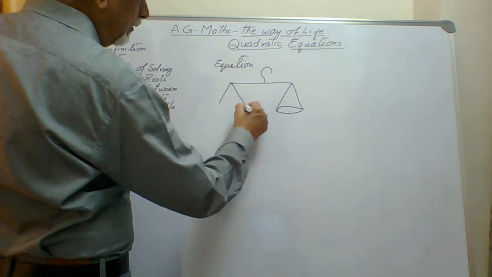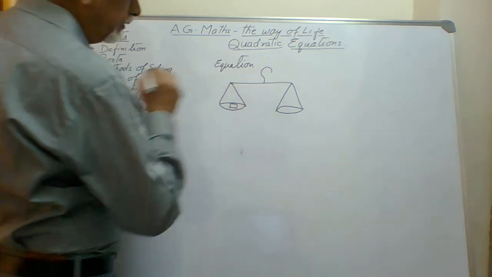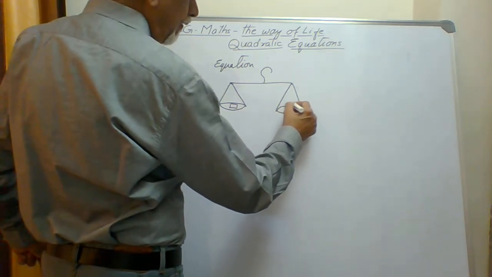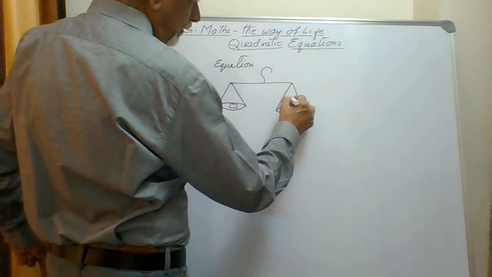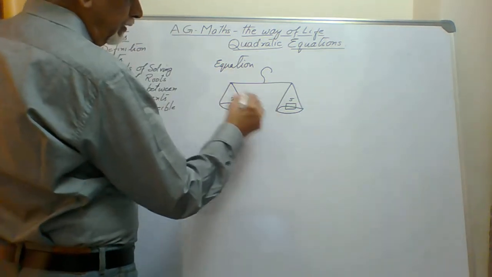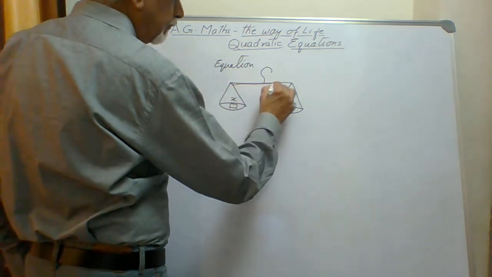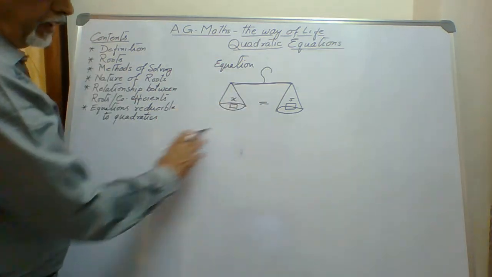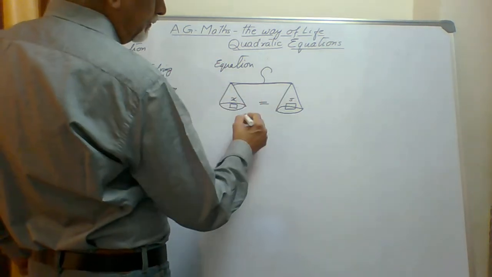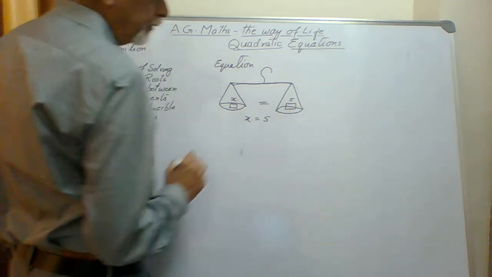Suppose these are the items which are not known. And if I put some elements which are known to me, some value say 5 or 7, then whatever I have put here will be equal to 5 if the beam remains horizontal and parallel to the ground. That means we say that the left hand side is equal to the right hand side, the unknown is equal to the known which I have put here.